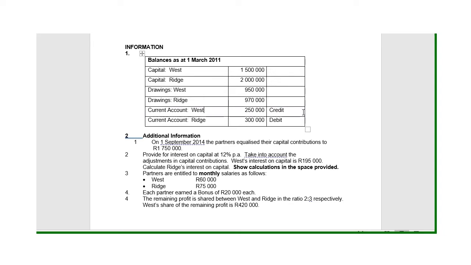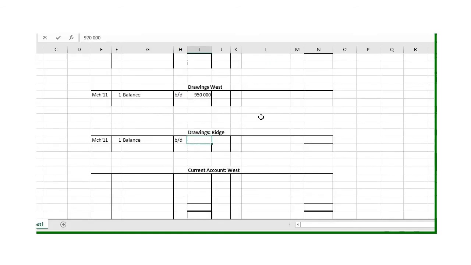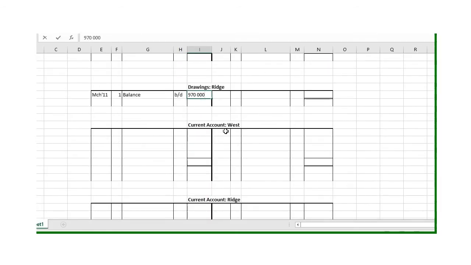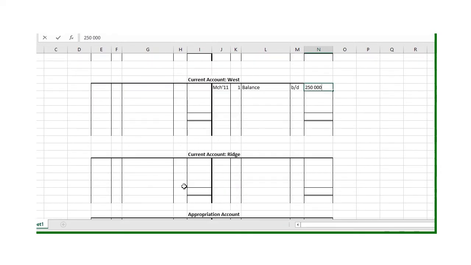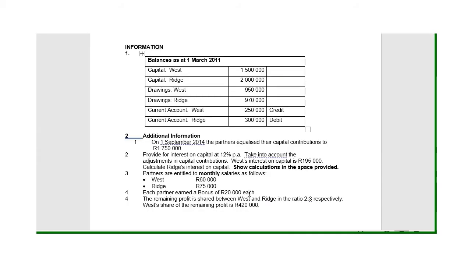So West had a credit balance of 250,000, March 2011, the first, balance brought down. Reach had a debit balance, the first, balance brought down, and his balance was 300,000.